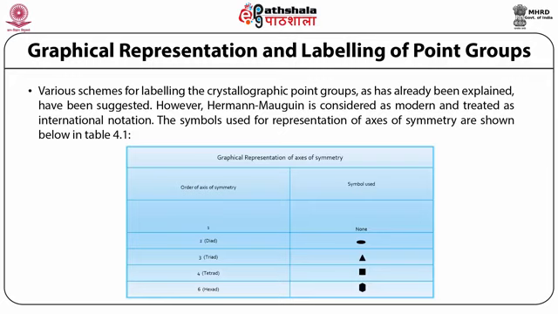Tetrad is another order of axis of symmetry, represented as 4, and the symbol used for this is a square as shown in table 4.1. Hexad, which is a 6 axis of symmetry, uses a hexagon as the symbol, as shown in table 4.1.